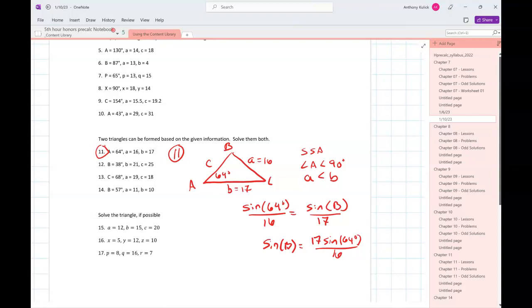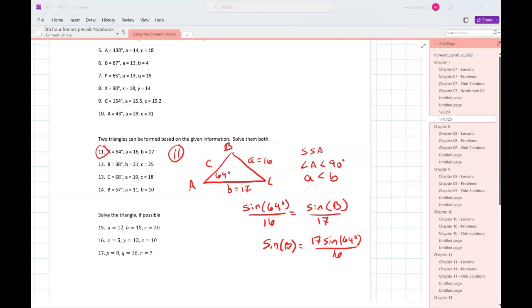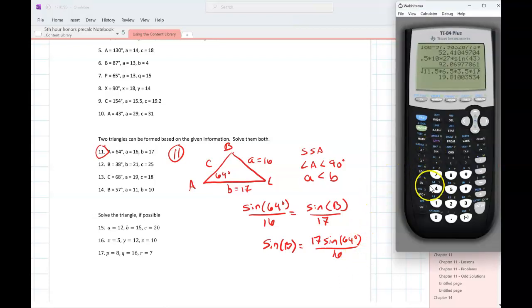I'm going to look at what that number is, 17 times sine 64 divided by 16. Based on the size of that number, I'm going to know that I have one triangle, two triangles, or zero triangles.